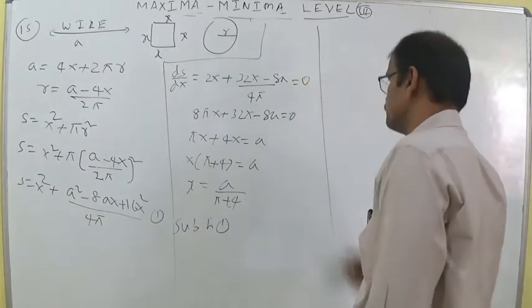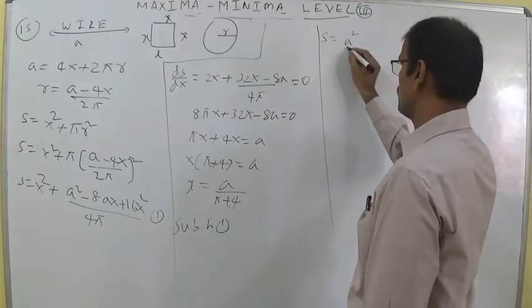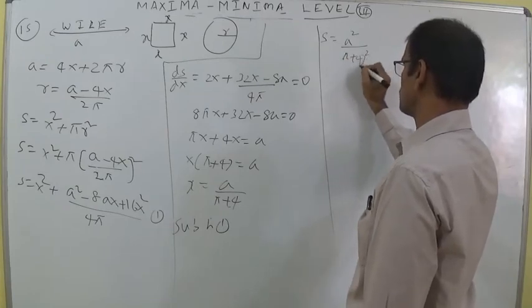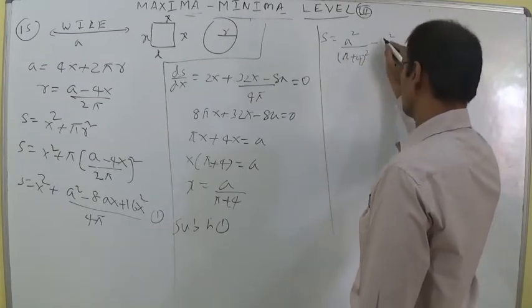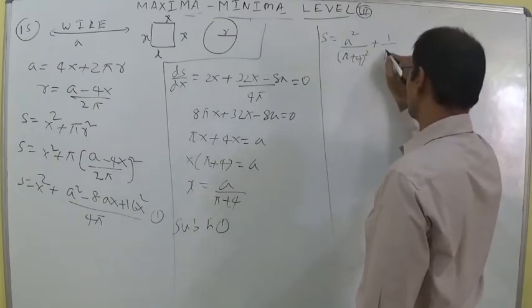Substituting in 1, S is equal to, instead of x we write a, a square by (pi plus 4) whole square plus a square. I am taking common, students, 1 by 4 pi.